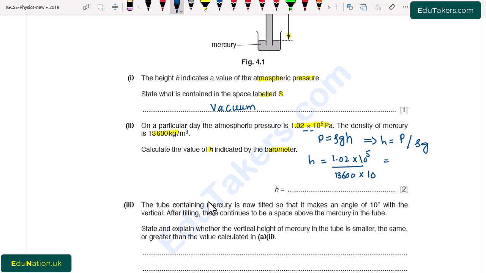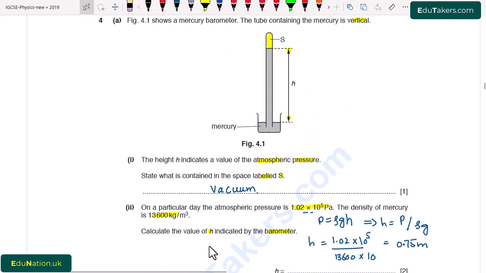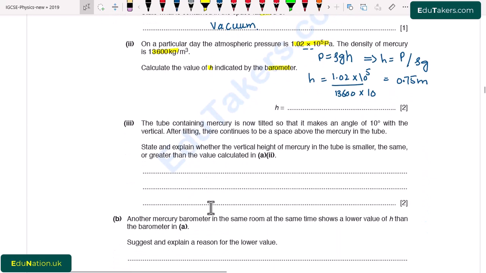So the height comes to be 0.75 meters. It means that this height is basically 0.75 meters. So I write here h is equal to 0.75 meters.